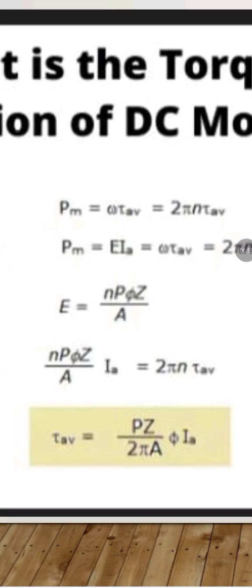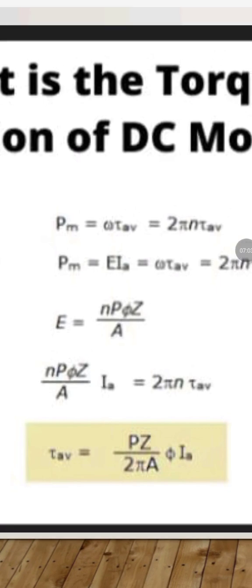But when we calculate the value of 1 upon 2 pi, we get TA equals 0.159 into phi into Z into IA into P upon A. Here TA is the armature torque, which is also called gross torque.